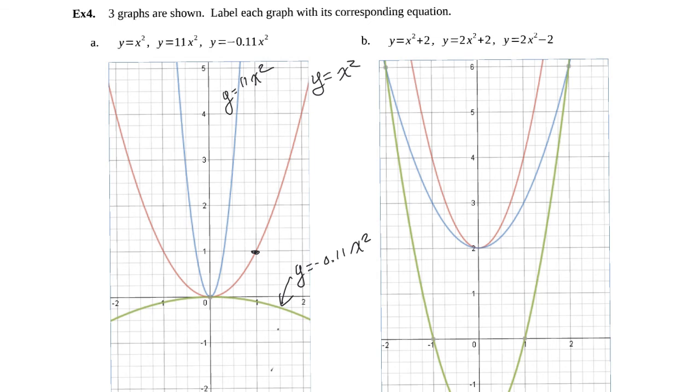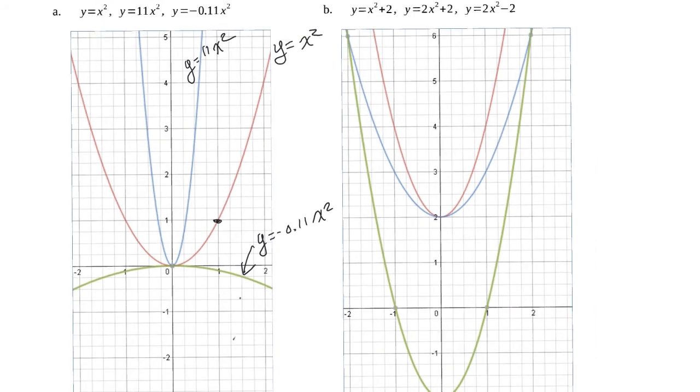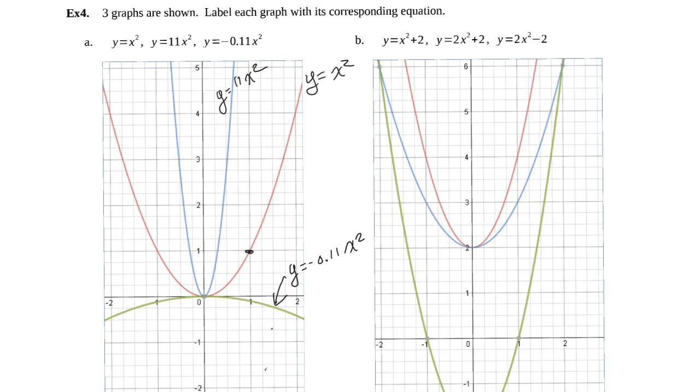Now, let's take a look at this one. We have y is equal to x squared plus 2. In order to recognize which one of these is y is equal to x squared plus 2, you have to look for the graphs. So these two graphs here, x squared and 2x squared, they're both skinny. So if I'm looking at these three graphs, these two graphs have to be exactly the same shape, but they are at different heights.